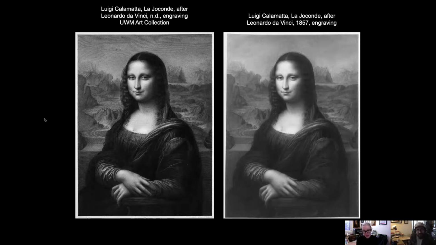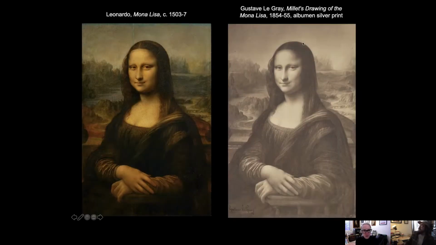And that's what people looking at Kalamata's print at the time argued, some of them, that it was more effectively captured. So this is the Gustave Le Gray. And it was after a Millet drawing of the Mona Lisa, where there's some controversy as to whether it was, what is his name, Francois?